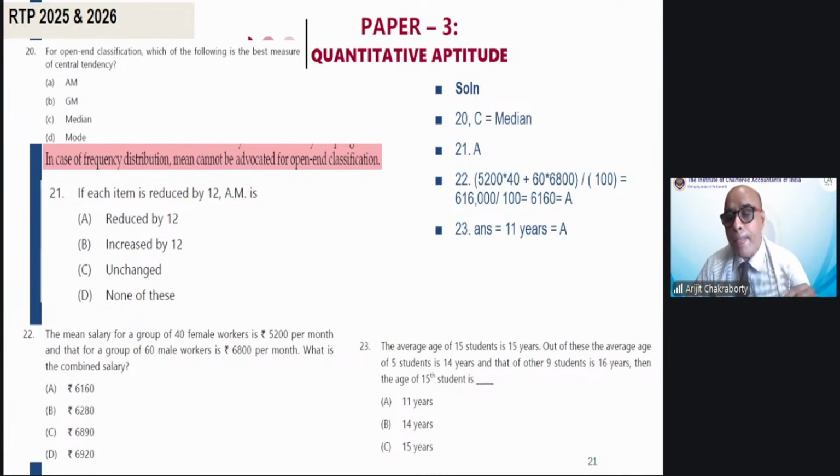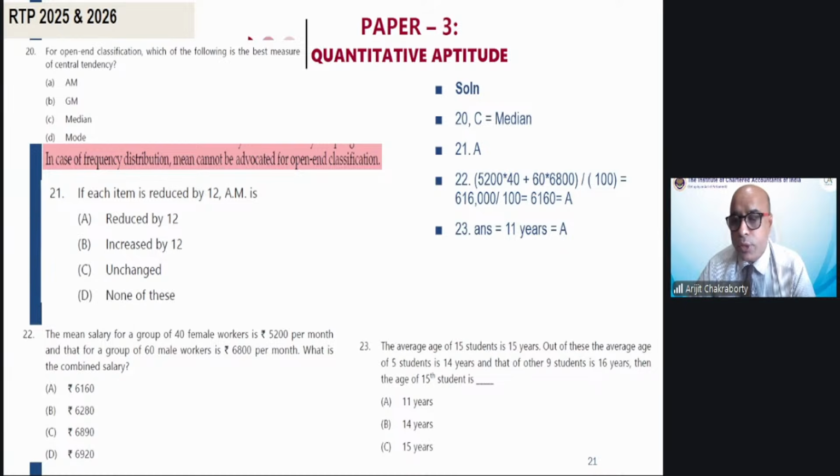Then it is given that for the other 9 students, the average is 16 years. So the total age of the 9 students is 16 into 9, that is 144.